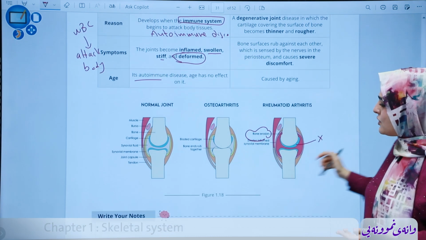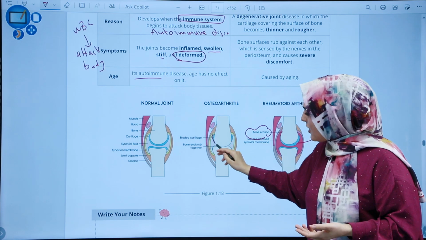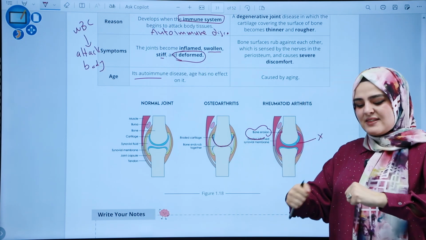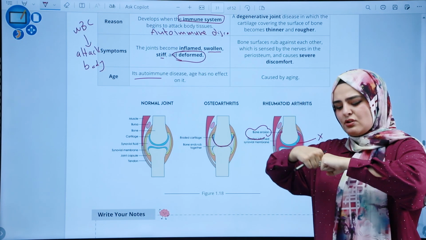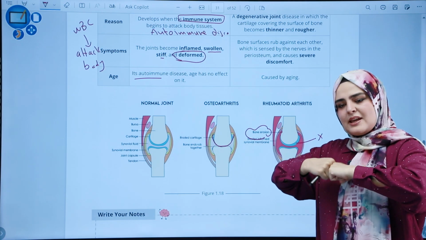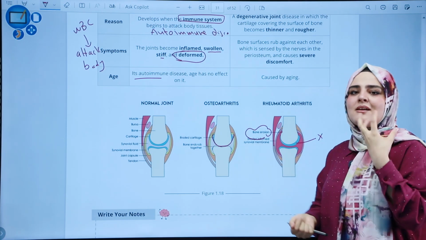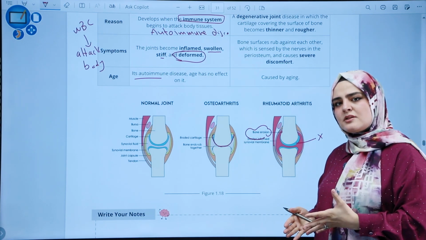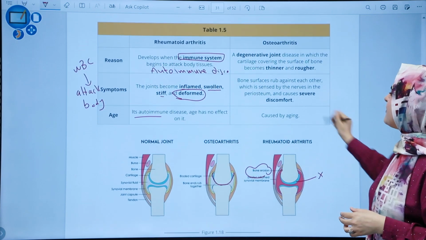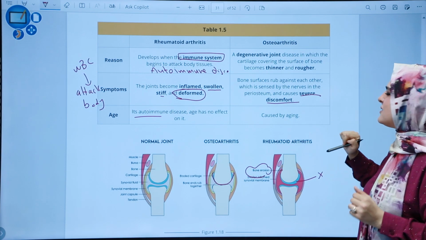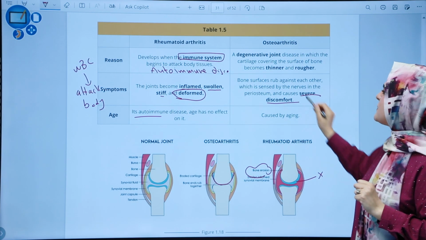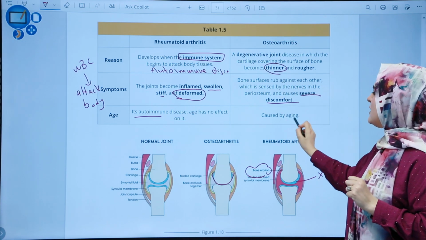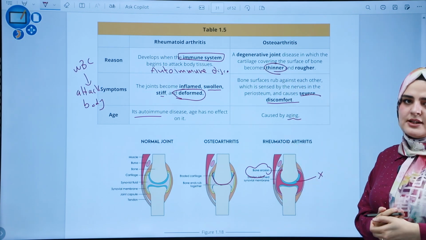So the first thing you would notice is that the amount of cartilage is reduced, and this makes the bones touch each other and erode, and they create pain. Remember when we said there are nerves in the periosteum? This is why they have severe discomfort and severe pain. What was the reason? Cartilage became thinner, and it's due to aging, nothing else.